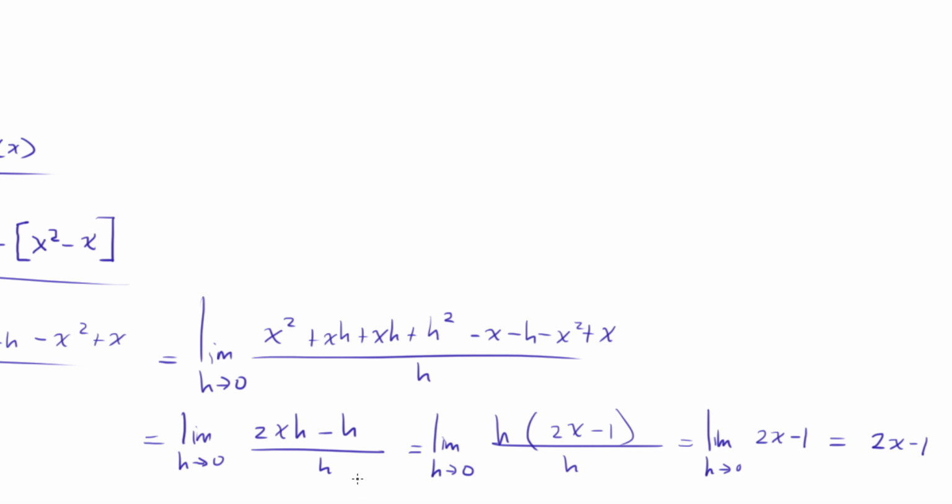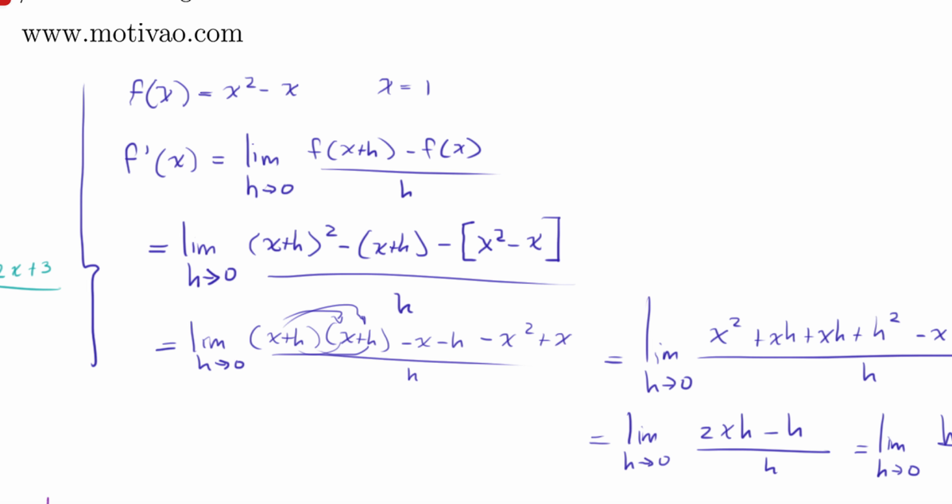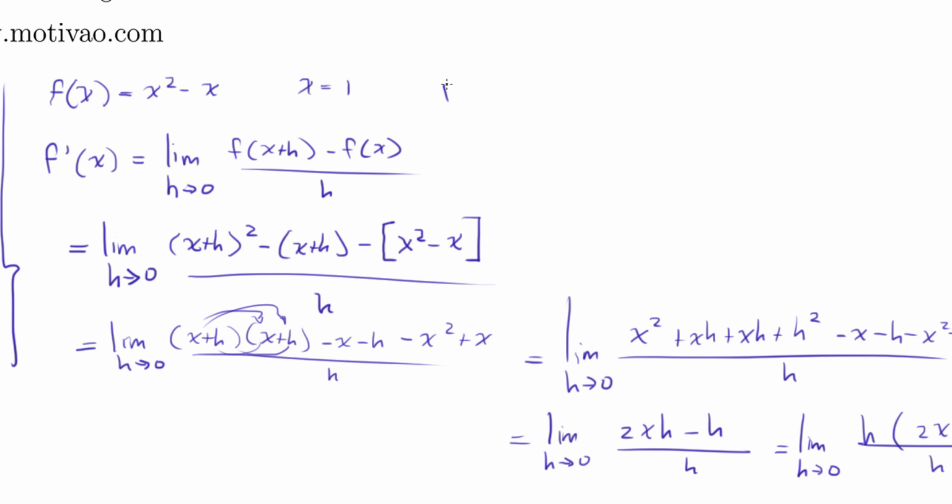Therefore, the derivative f prime of x is 2x minus 1. So if I want to evaluate it at 1, you plug in 1 for x, and you get 2 times 1 minus 1, which is 2 minus 1, which is 1.